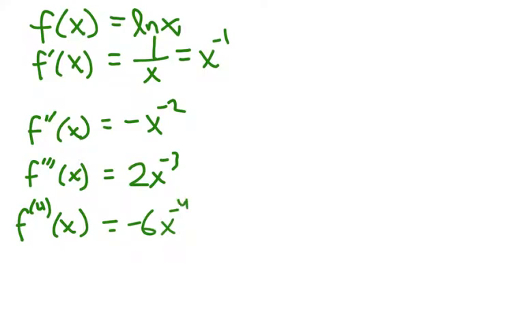Now, at this point you might be seeing a pattern develop in what's happening here. Then again, you might not, and that's okay. You might want to extend this a little bit further. But every time we work this out, the coefficient is multiplied by the next integer.